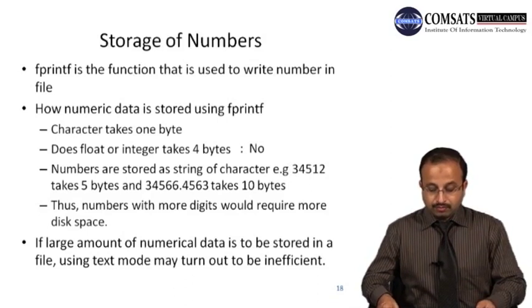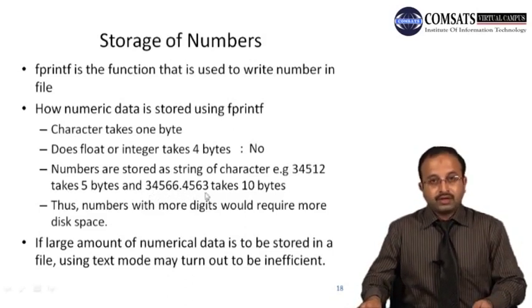So this will make the program inefficient because it will take a lot of space. The number 34566.4563 should take 4 bytes to store, but now it takes 10 bytes because you are storing that number as a string. So every digit is a character then.